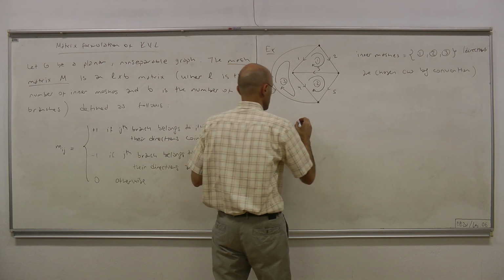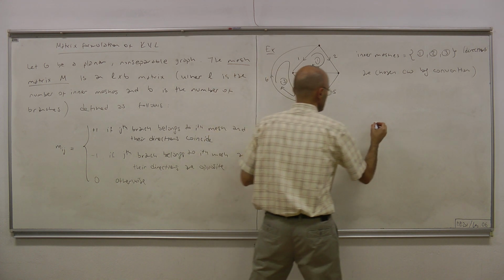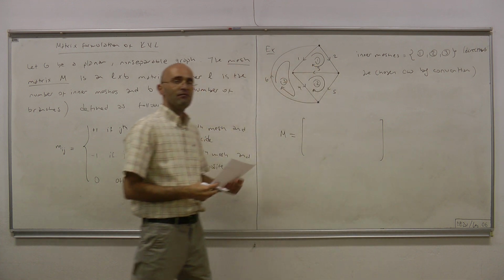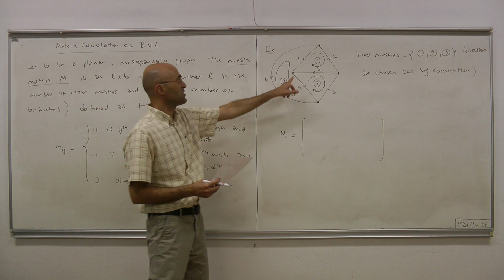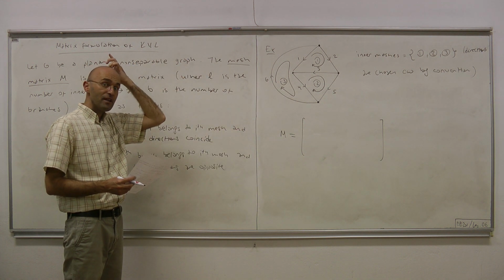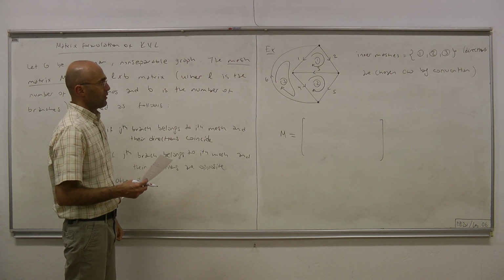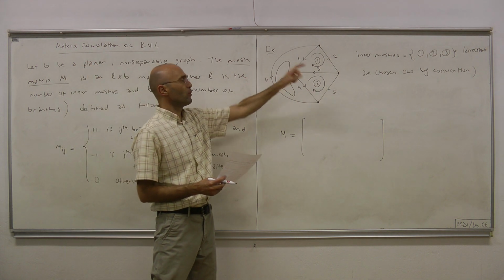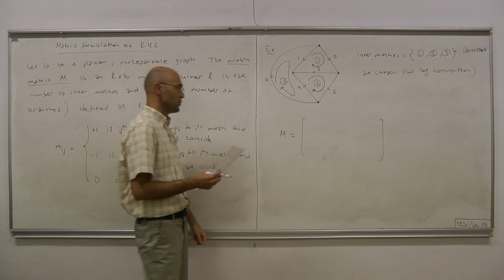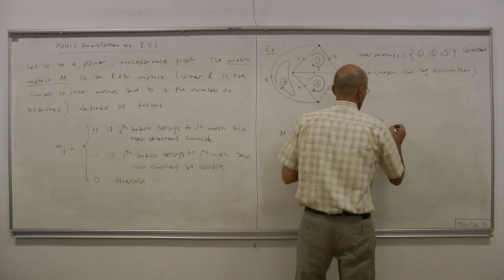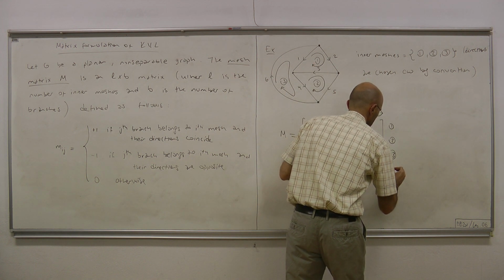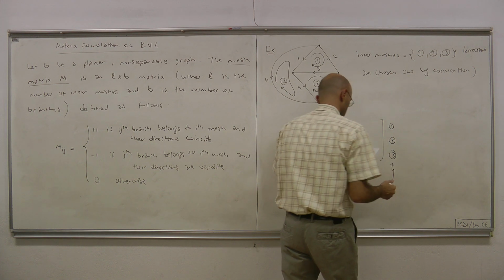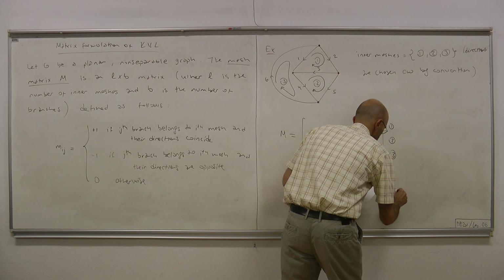So, M is our mesh matrix. It will have 6 columns, because 6 is the number of our branches, and it will have 3 rows, because 3 is the number of our inner meshes. These are inner meshes.